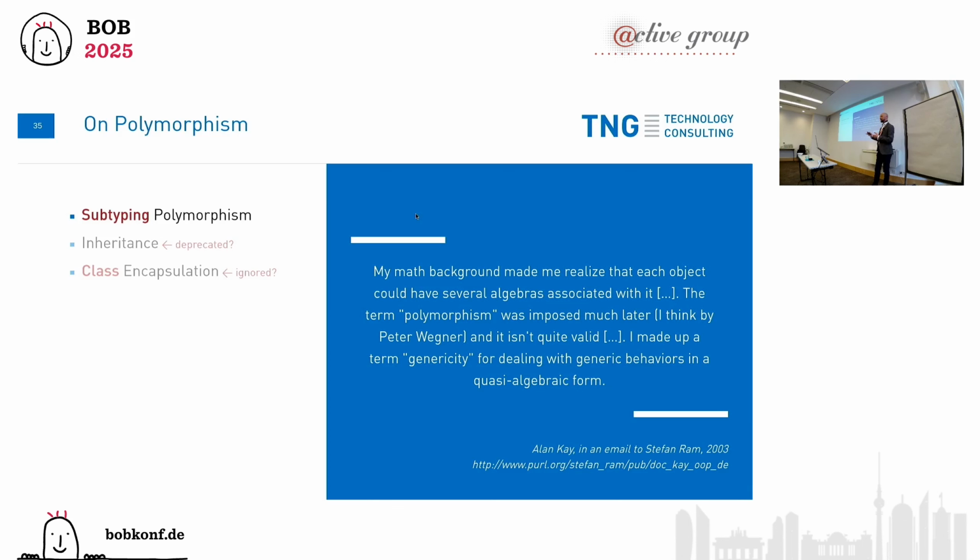On polymorphism, he says, the term polymorphism was imposed later and isn't quite valid, although he also thought of having some kind of genericity based on algebraic principles. So we can really scratch subtyping polymorphism or polymorphism in general from our definition. The concept has been added later, but is not part of the original definition or idea.